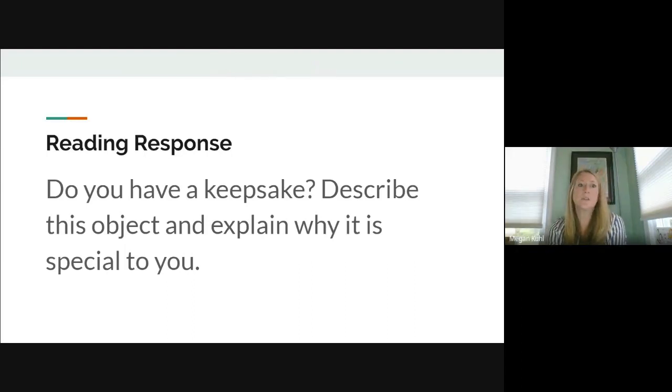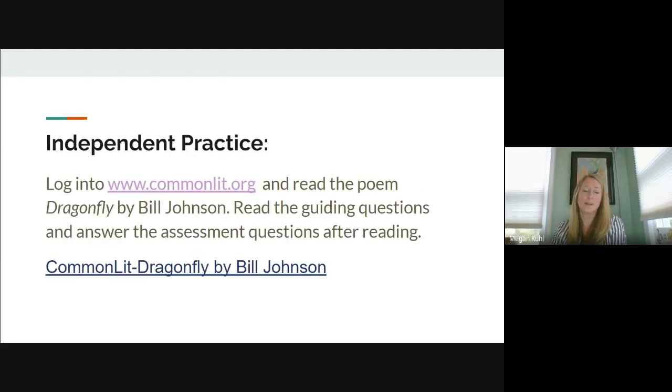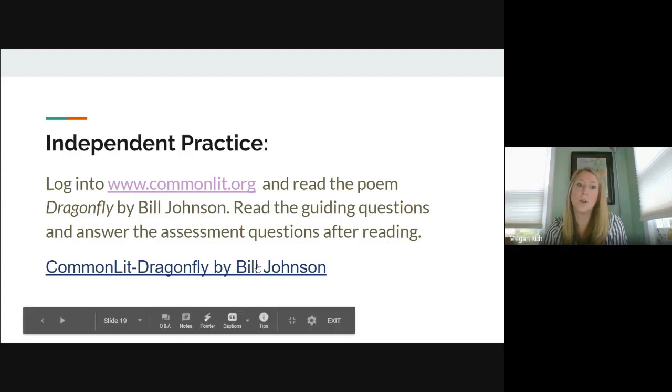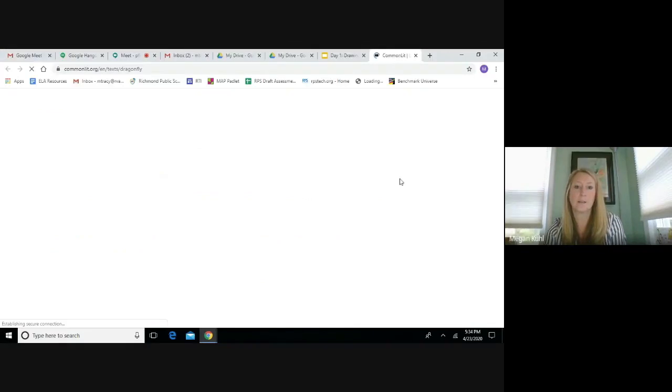After you've completed your reading response, you also have some independent practice. The independent practice is on a website called commonlit.org. You can either go to commonlit.org or you can print out the assignment from the learning path. And I want to show you real quick what it looks like.